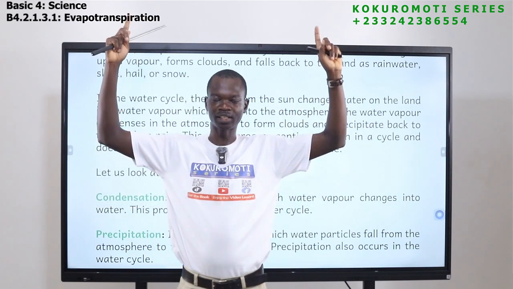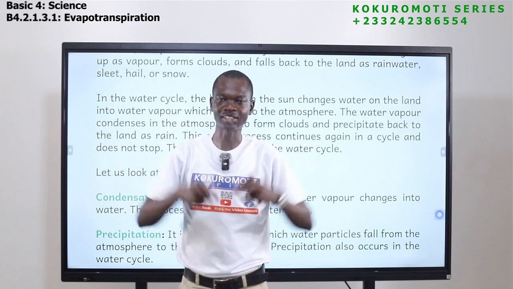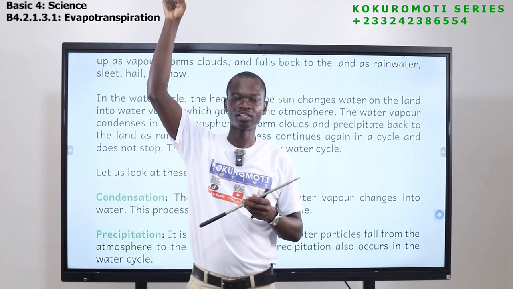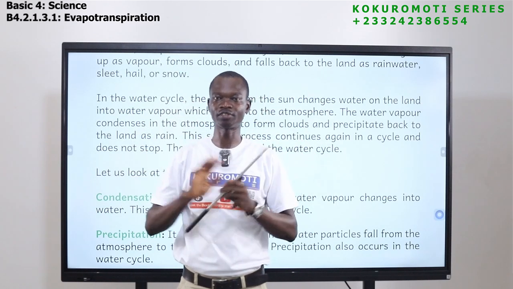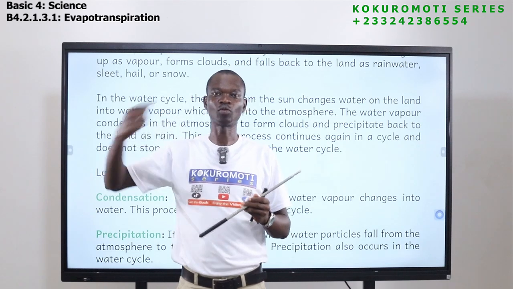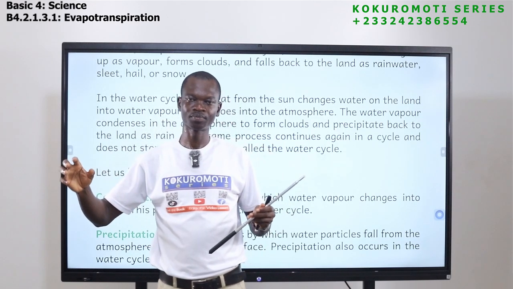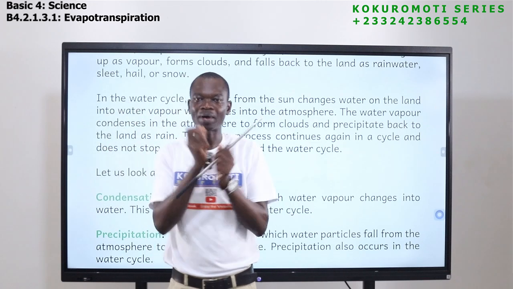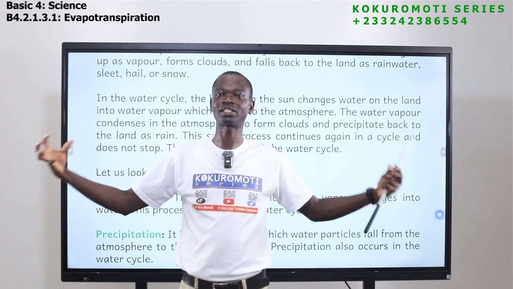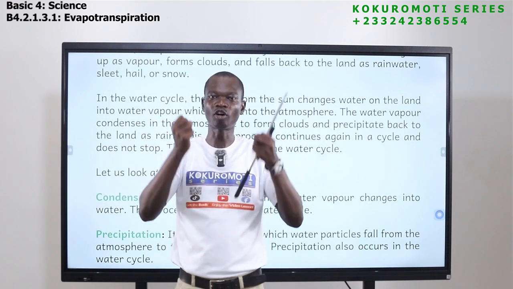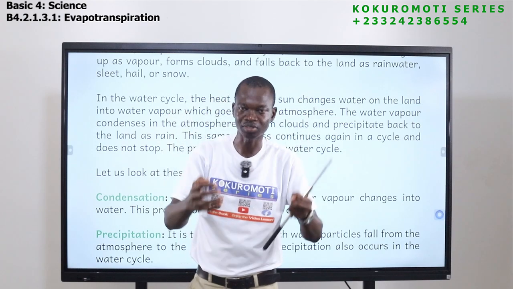They go into the atmosphere. You can't see it with our eyes. When they go into the atmosphere, the temperature over there is very cold, so it changes the water vapor into tiny water droplets, small water particles. These small water particles come together to form what we see as clouds.